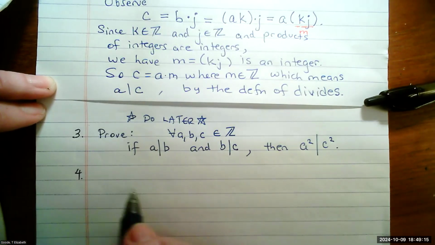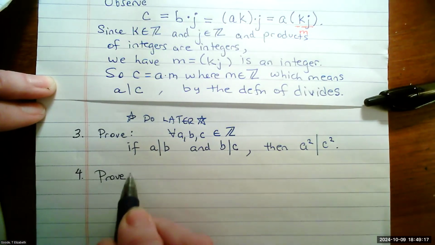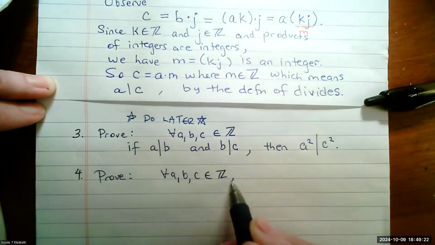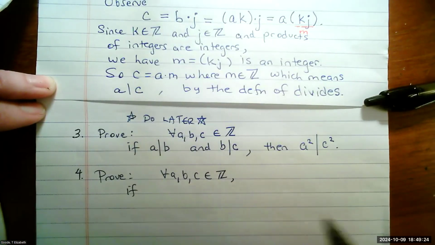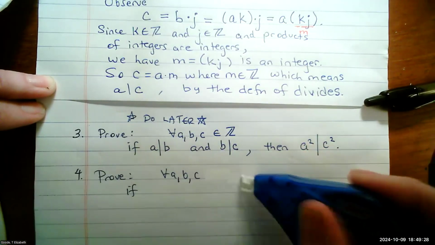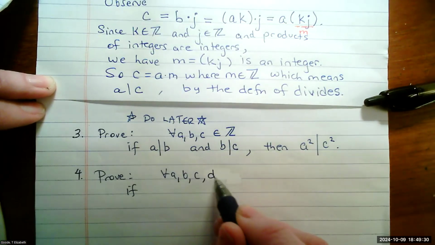Here's another one. Prove for all A, B, and C in Z. If A, oh, and D, I only said C. Yeah, the notes that are posted are wrong. We need to add a D in here because we've got 4 variables.